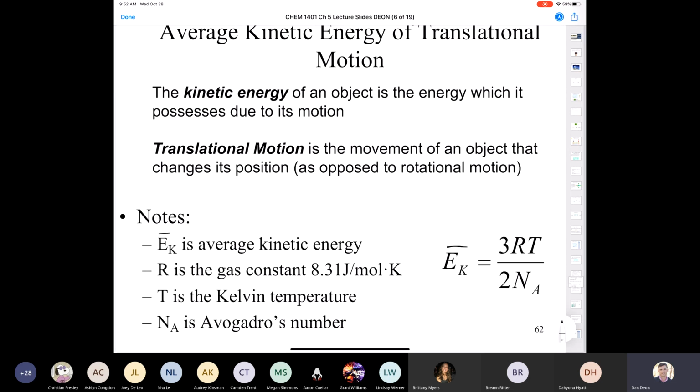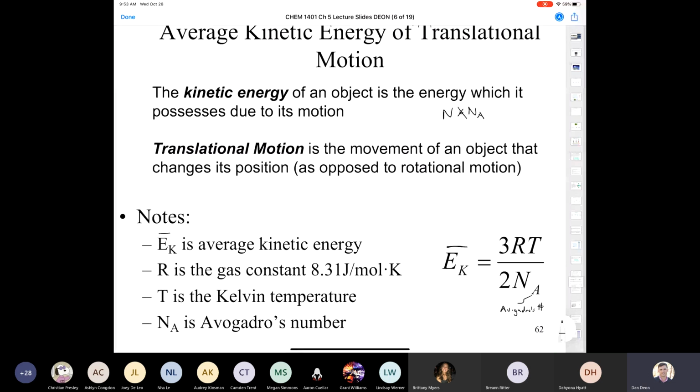So remember, the last slide we looked at N, and here we're looking at NA. Those are not equal to each other, okay? On the previous slide, N was the number of gas particles. NA is Avogadro's number, okay? So the A stands for Avogadro's number, okay?